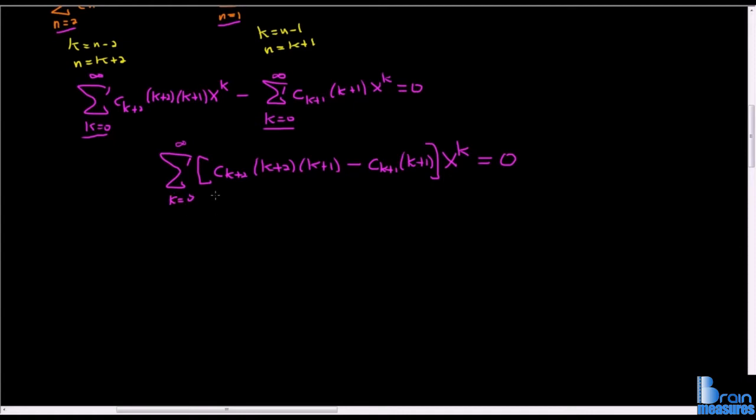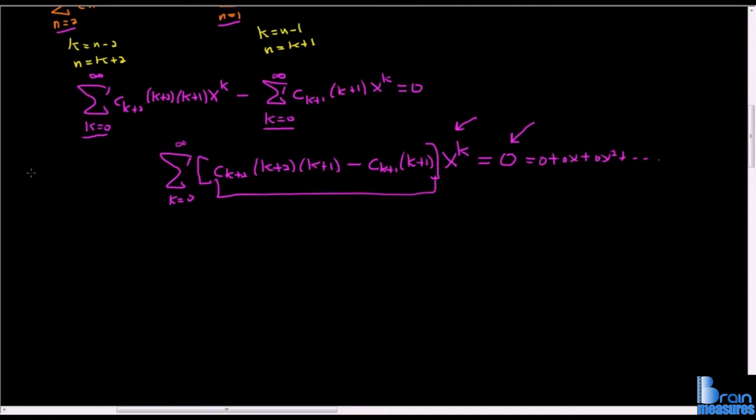Okay, so we have a polynomial, right? And over here we also have a polynomial. This is the 0 polynomial. You can think of this as 0 plus 0x plus 0x squared plus dot dot dot forever. So two polynomials are equal only when their coefficients are the same. So that allows us to set this equal to 0.